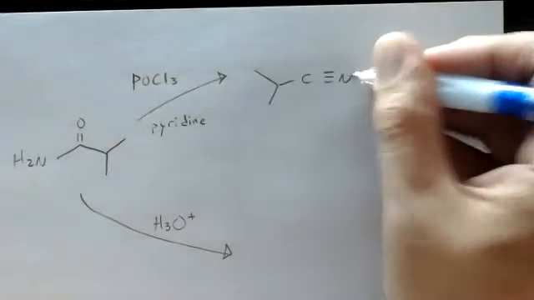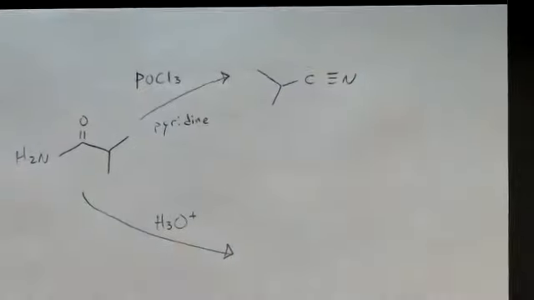Would it eliminate alcohols? Because I remember reading in the book it would eliminate alcohols. It's like SOCl2. It swaps oxygens for chlorides. And in this particular case, when it swaps the oxygen for the chloride, the nitrogen double bonds down and then triple bonds down to make a nitrile.